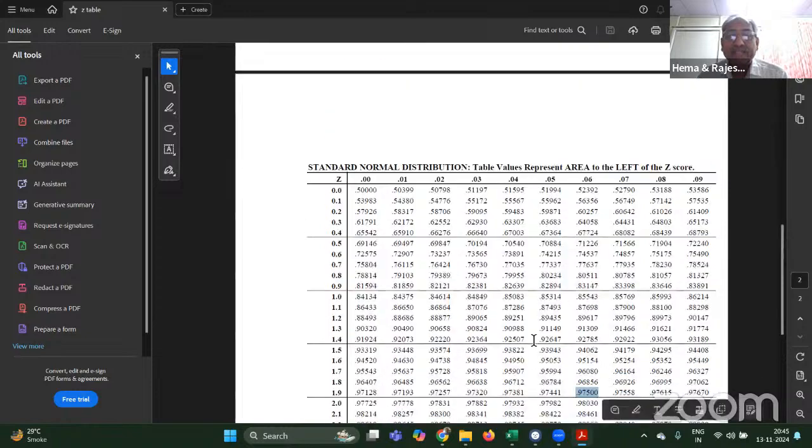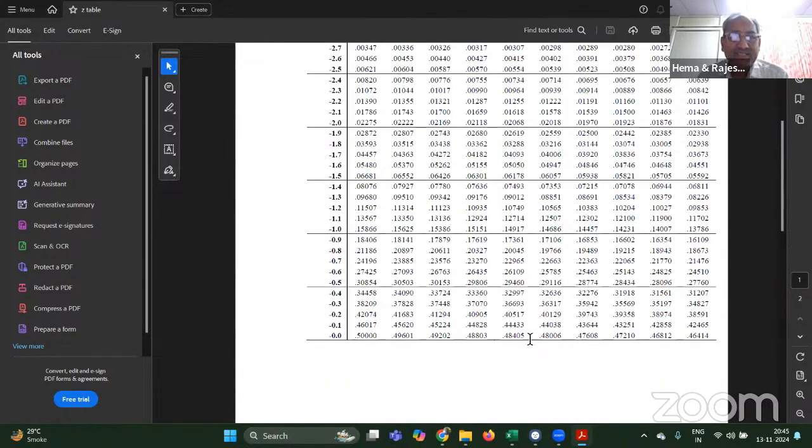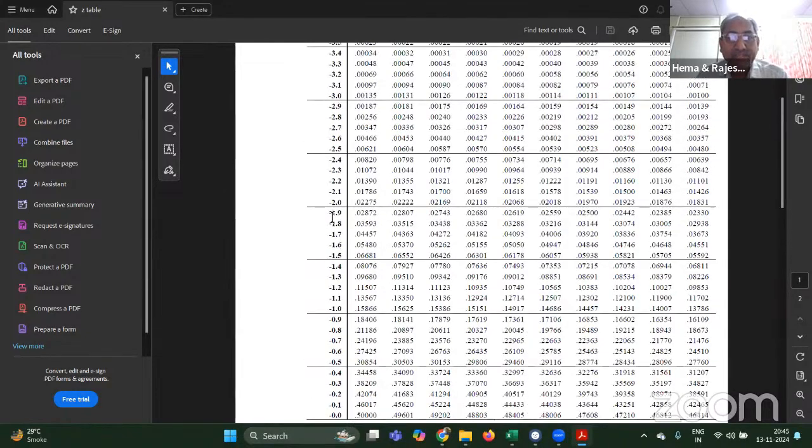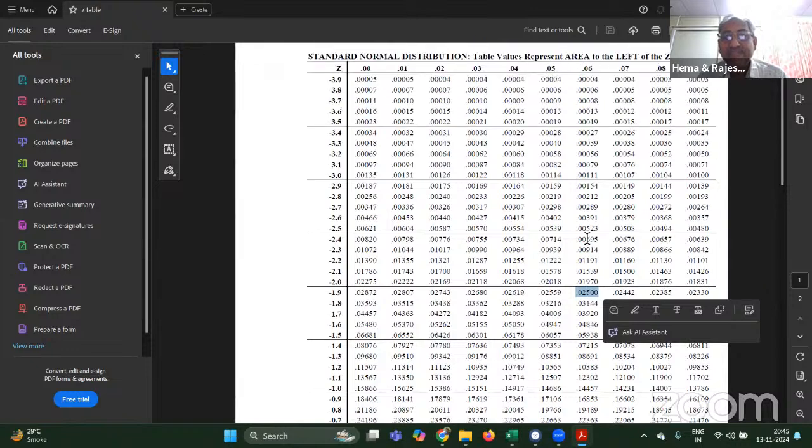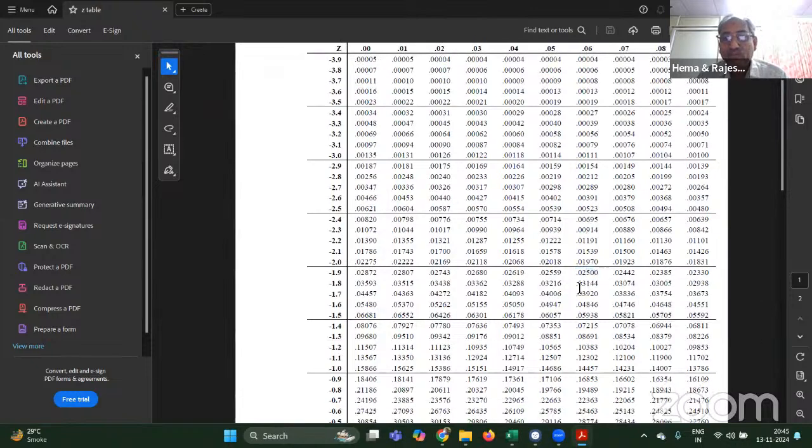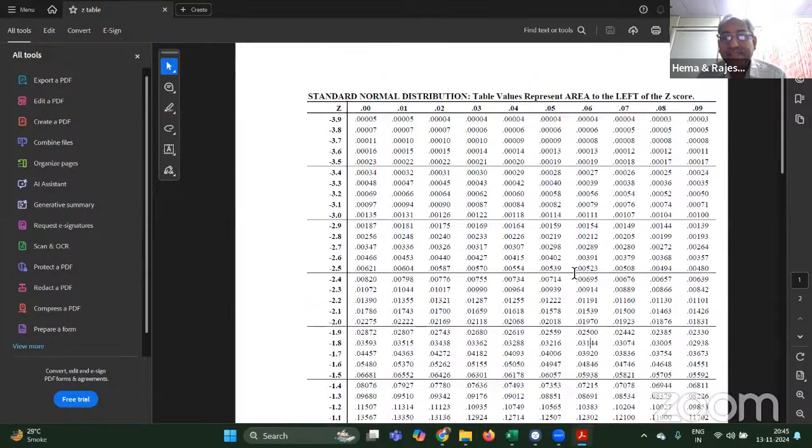If you look at minus 1.96, then this is minus 1.9 and this is 0.06. So this is the area to the left of the Z score.